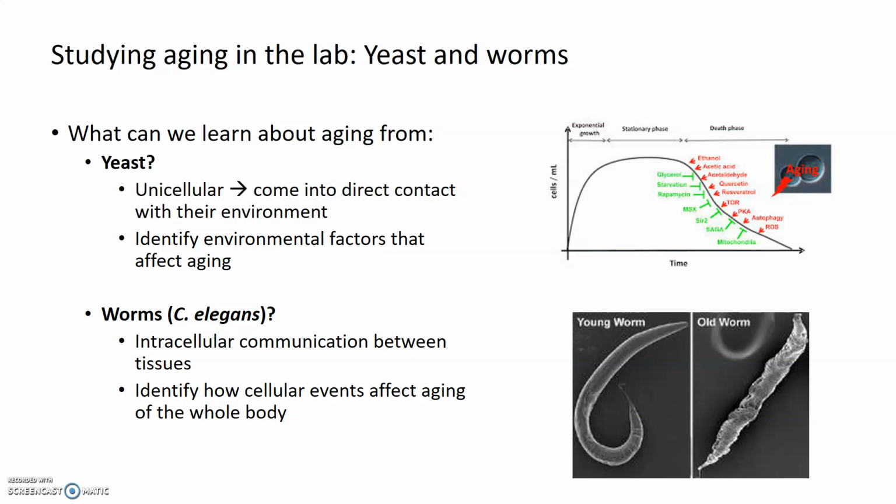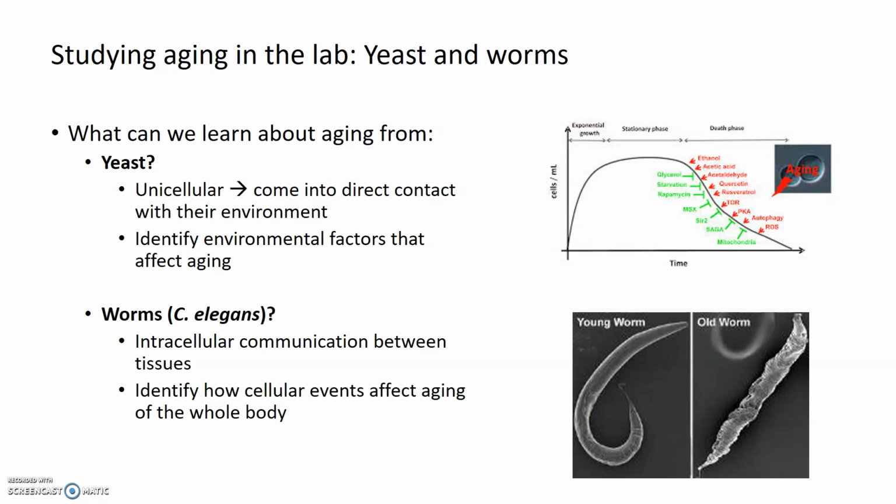And one whole organism that's been beneficial in understanding that is the nematode worm, C. elegans. And C. elegans have a very short lifespan, so they grow from embryo to adult in 3 days, and then they live to about an average lifespan of 20 days. But they have some complicated tissue structures, which you can actually start to see on the outside of this worm here, and those lines, which are hypodermis.